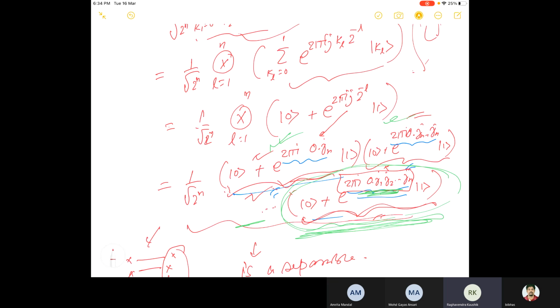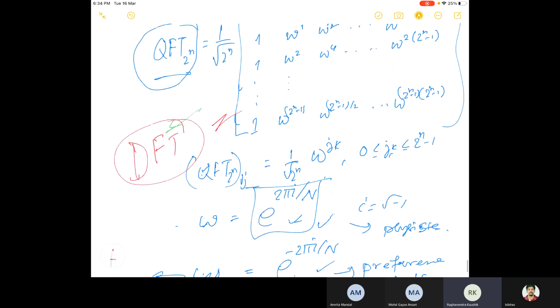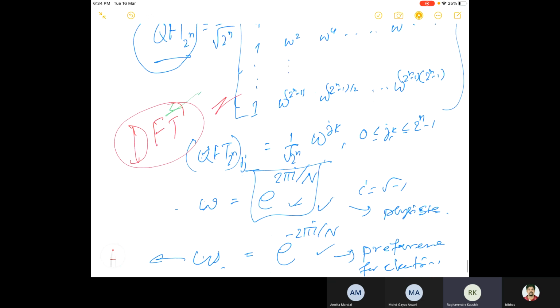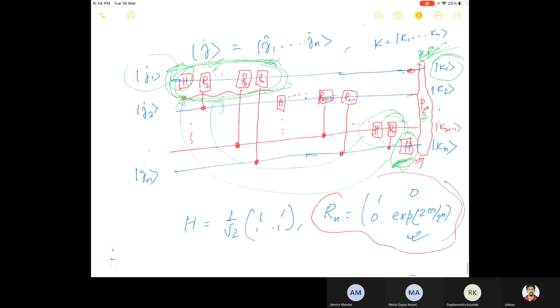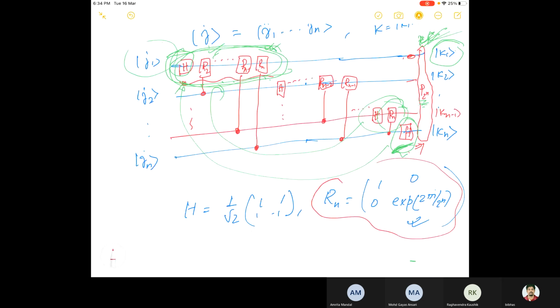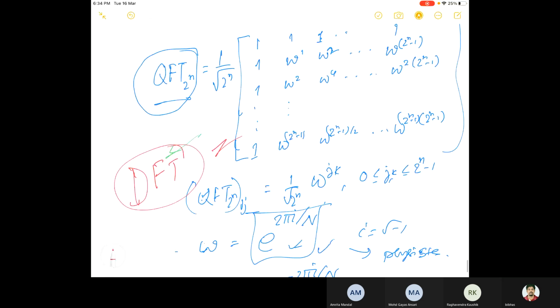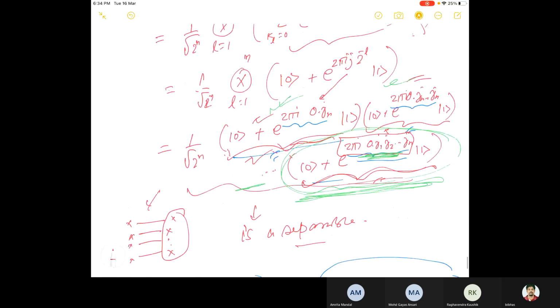So whenever you have this H, the Hadamard gate, you already have a linear combination of 0 and 1. Then you apply Rn because you want to change the relative phase, because ultimately your idea is to obtain this right hand side, which is a tensor product of the corresponding qubits, and the change is only in the relative phases. That's it.